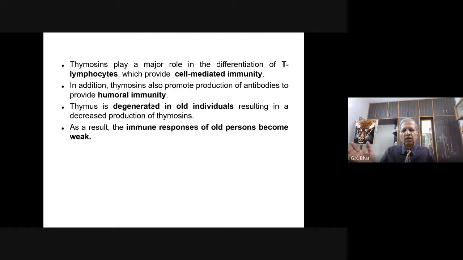If they are subjected to a slightly varied climatic condition, they are going to suffer. This is because of the degeneration of the thymus gland as one is getting aged. So, in aged people, you would come across the immune response becoming weak.